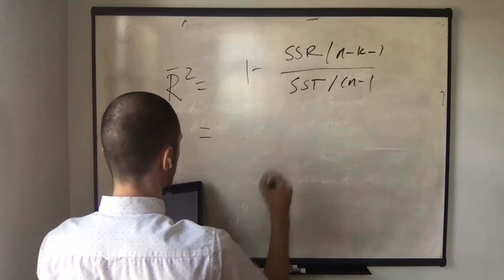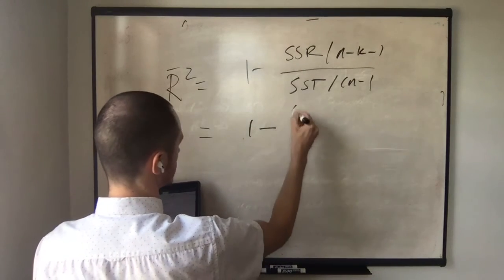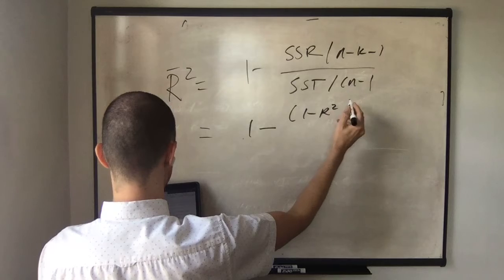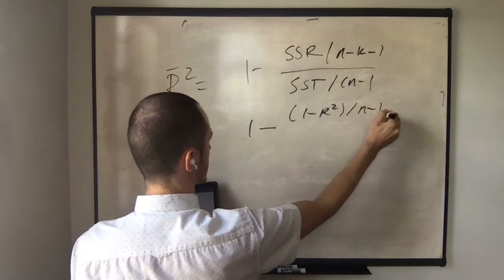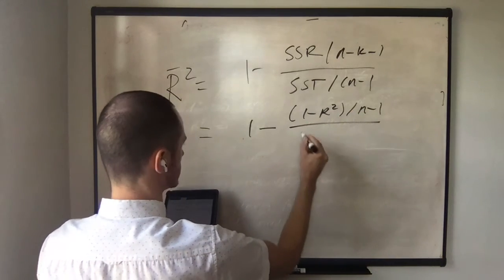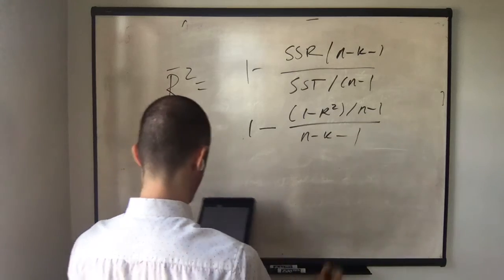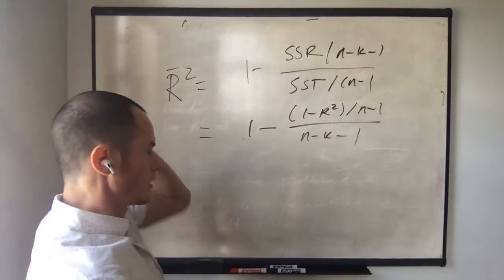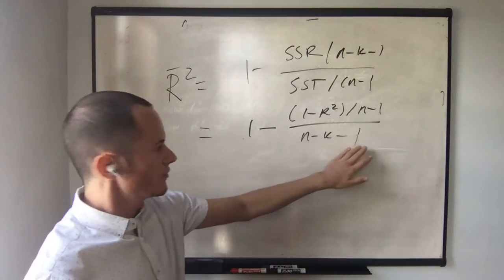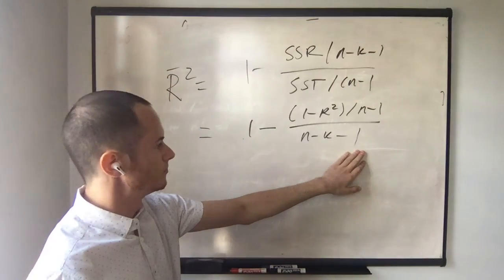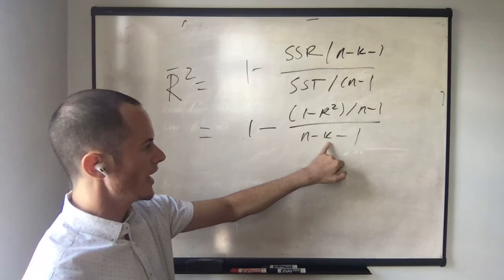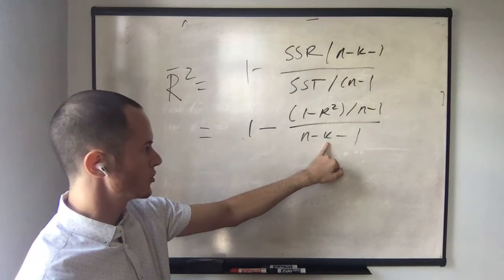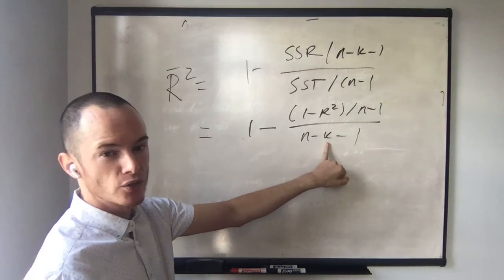And we can also write it as 1 minus r squared over n minus 1 all over n minus k minus 1. So you see that we have this degree of freedom correction happening here. And that as we add more independent variables to the regression, the denominator is going to go up.